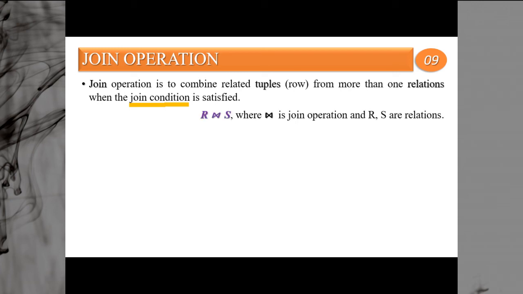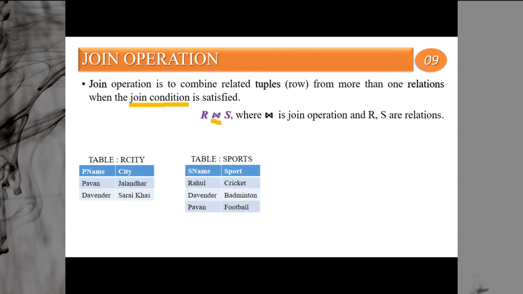Okay, so it is usually represented with this join sign. This is a join sign, and R join S, where join is the join operation and R and S are relations. So we have the same table RCT and table sports, and we want to join. So we are saying RCT join sports. What is common between the two tables? You can join with some related information.